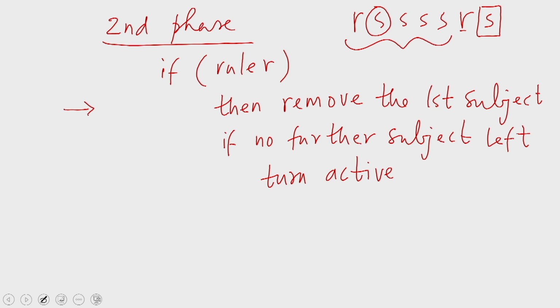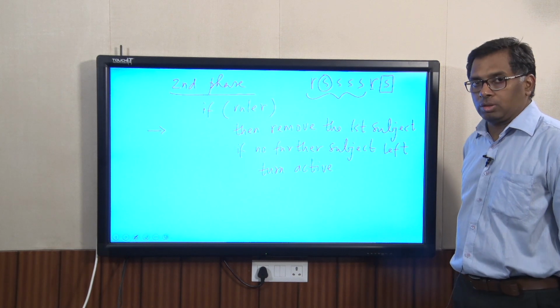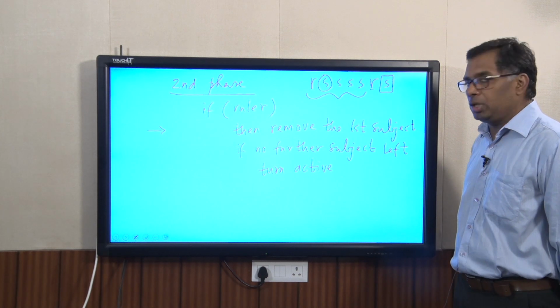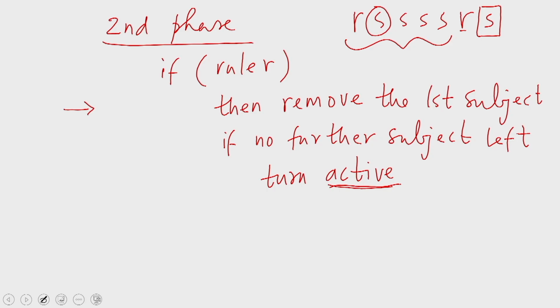examine whether it has now removed its last subject. If the last subject has been removed, then the ruler goes back to being active, and then it will take part in the second part of the algorithm, which we saw earlier.